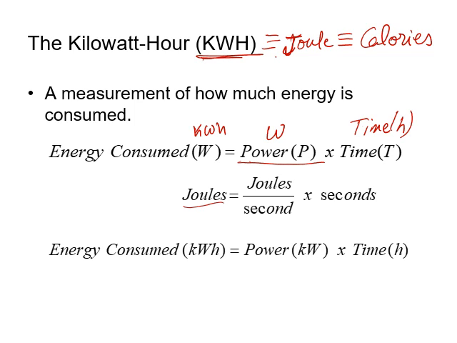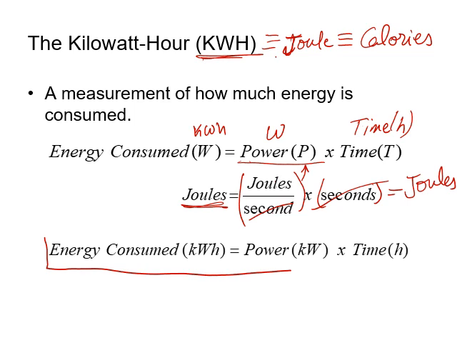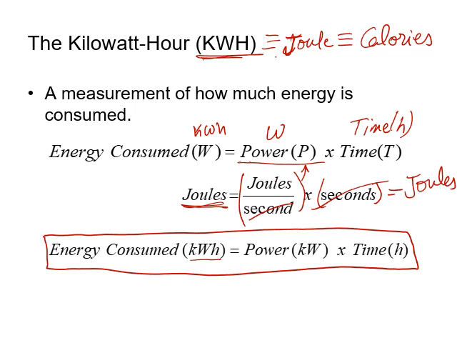Joules is joules per second, this is watts, multiplied by seconds. The seconds cancel out and you get joules. So energy consumed, this is my final equation. Let's put it in a box. Energy consumed in kilowatt hours is the power in kilowatts multiplied by time in hours.